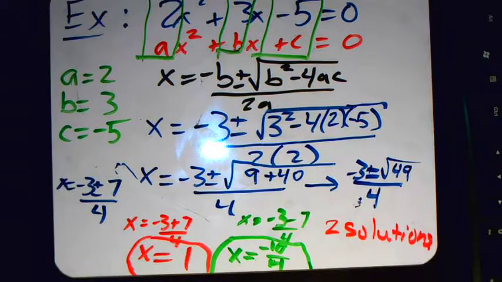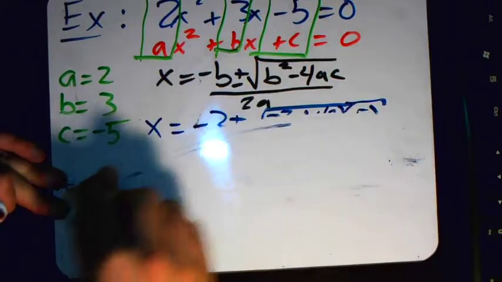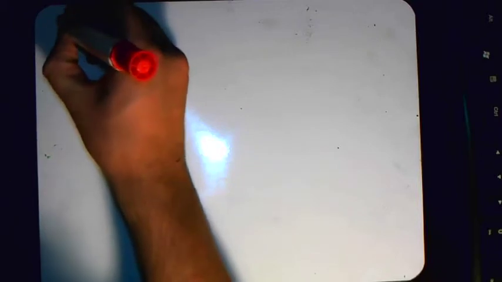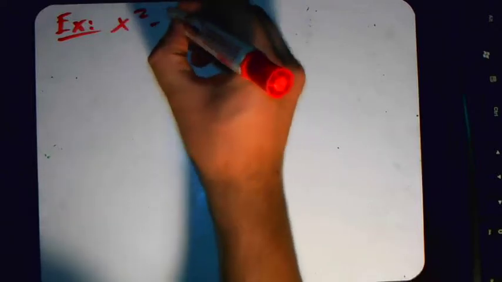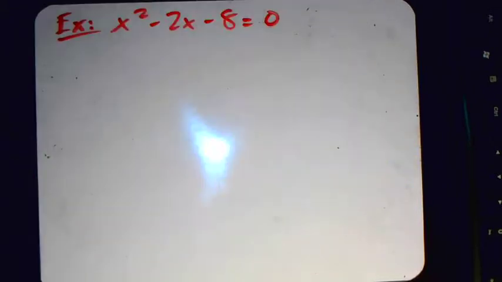Okay, I'm going to go through one more example problem. And this one's a bit easier. X squared minus 2x minus 8 equals 0.